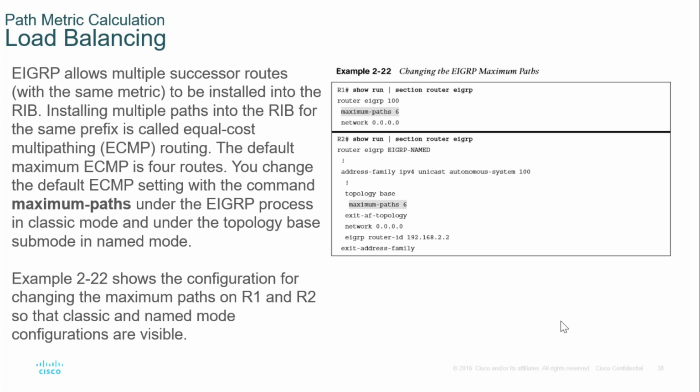Okay, so one is called equal cost, the other unequal cost. EIGRP supports both equal and unequal cost. Okay, so the default maximum equal cost multipathing or load balancing is 4. Actually you can change the setting, but the default is 4.